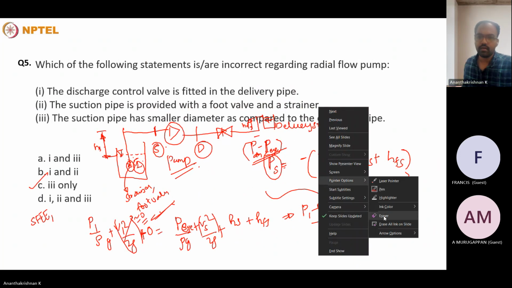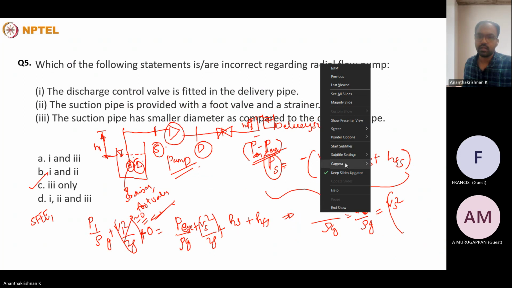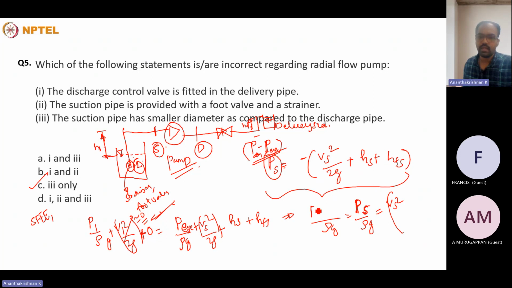Pi minus P1. P1 is P atmosphere. So Pi minus P1 divided by rho g is equal to PS divided by rho g, which is given as negative of Vs squared divided by 2g plus static head plus frictional head loss in the suction pipeline. And this particular term is the gauge pressure, the pressure which is less than the atmospheric pressure.